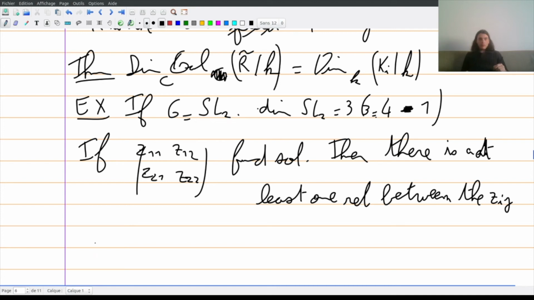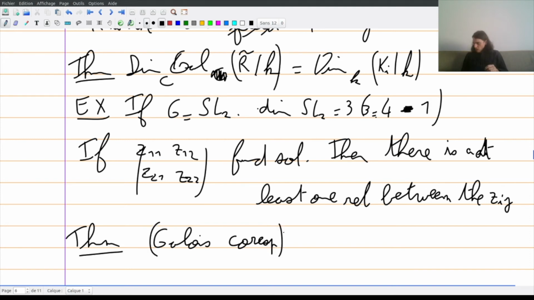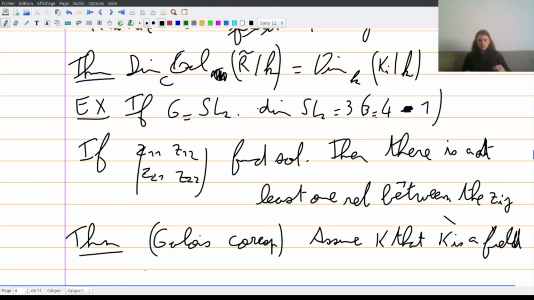Okay, and now I am ready to state the Galois correspondence. So assume that K is a field. So it's just to simplify.